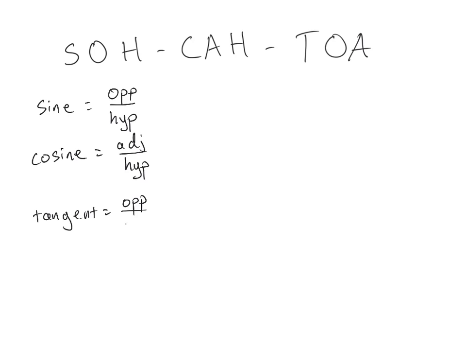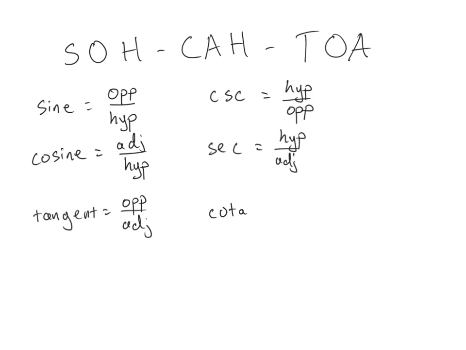over your adjacent. And just to reiterate, the inverse of those are your cosecant, which is your hypotenuse over your opposite, your secant, which is your hypotenuse over your adjacent, and your cotangent, which is your adjacent over opposite.